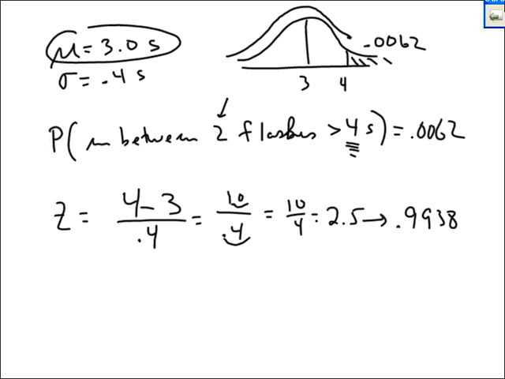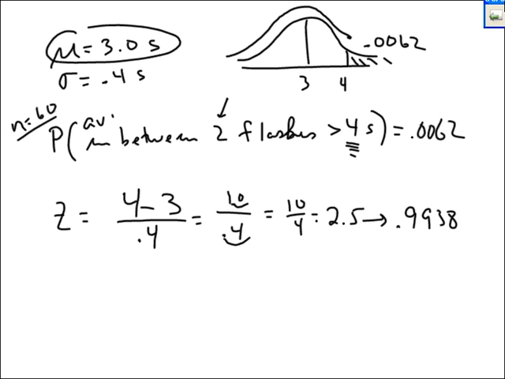Suppose we want to find the probability that the mean for 60 randomly selected times is greater than 4 seconds. So now n is 60.